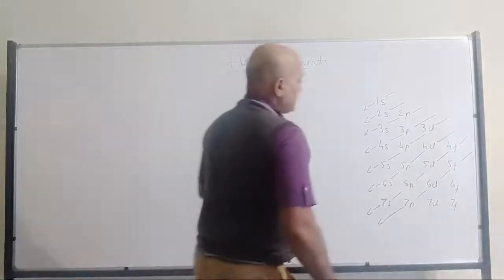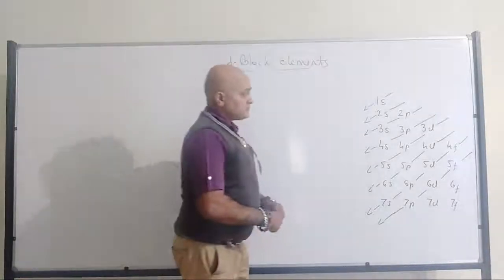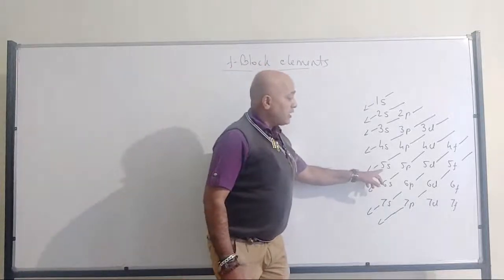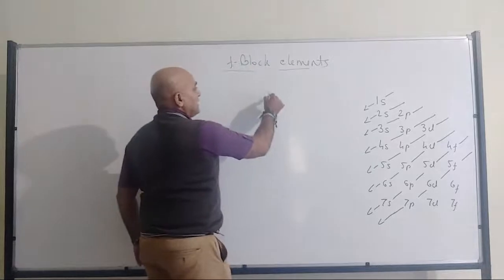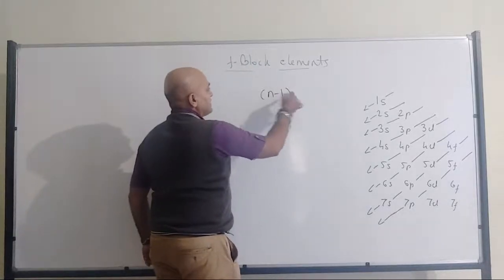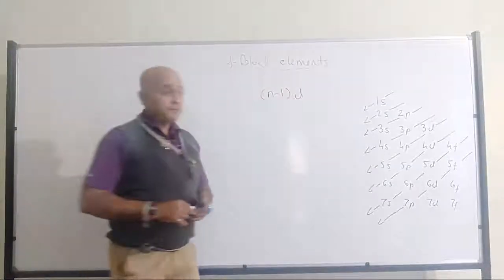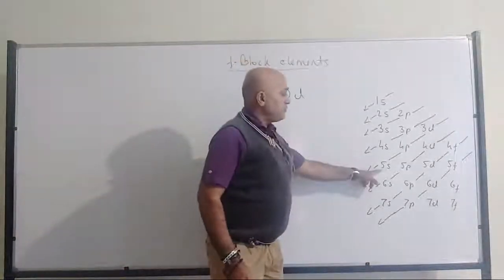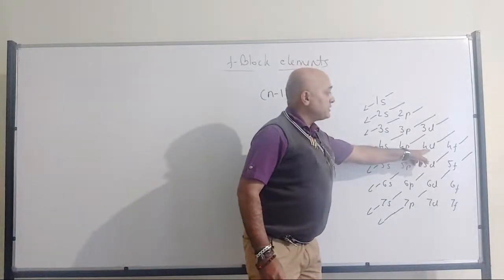So what I mean to tell here is, if I go with the D block, after 5s comes 4d, that means n minus 1 I can tell for d. When period number 5 is there, I am going to have the 4d.